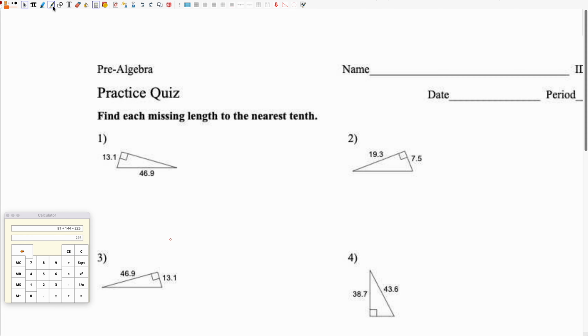This is gonna be 13.1 squared plus b squared equals 46.9 squared. These numbers are going to be bigger, so 13.1 squared is 171.61 plus b squared. And then 46.9 squared is 2199.61.